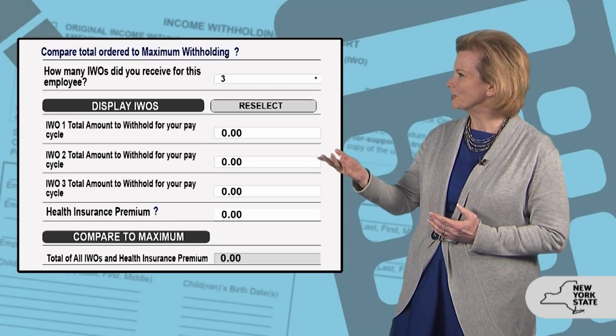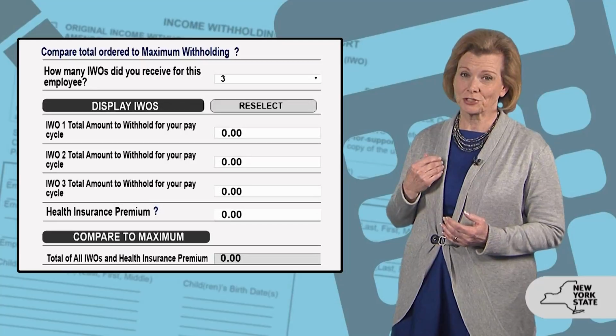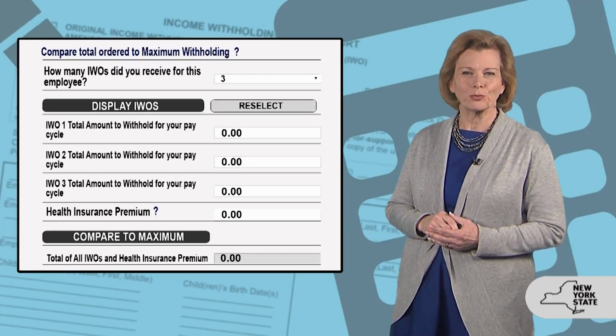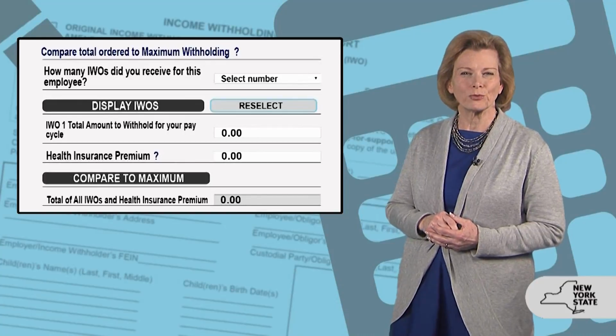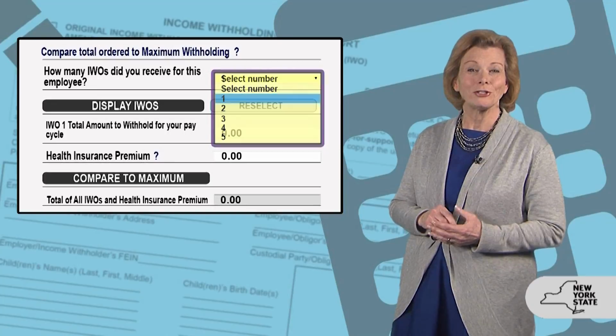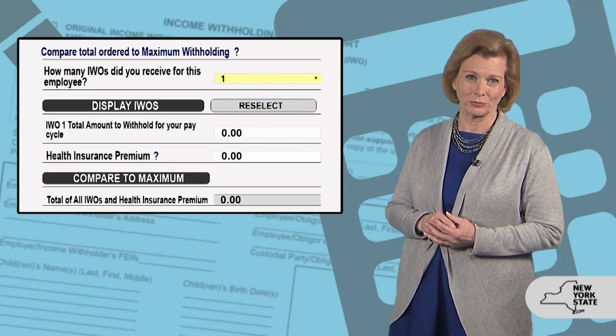IWO 1, IWO 2, and IWO 3. But remember, our scenario only has one IWO. To get us back to one IWO, click the Reselect button, then select 1 from the drop-down menu. You can also use this function if you select an incorrect number of IWOs.